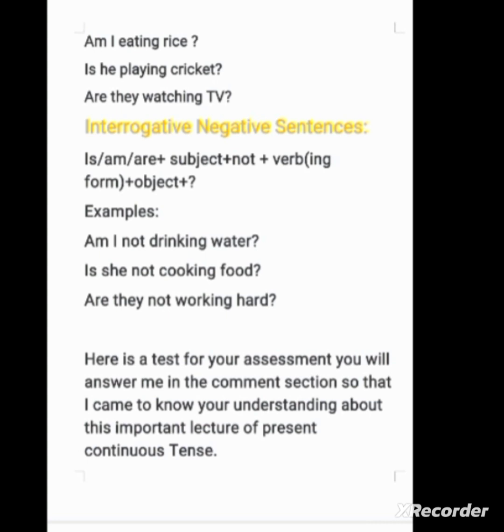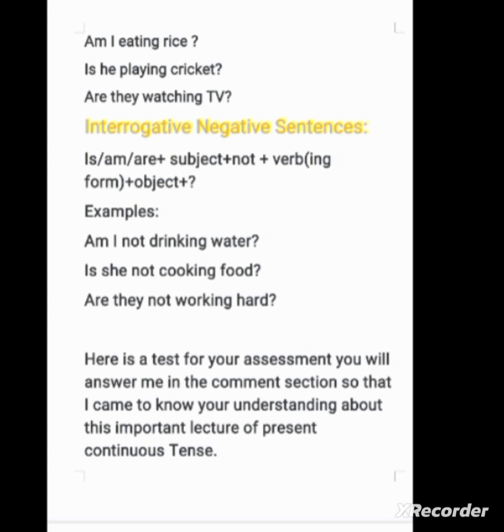Now what will be the structure of interrogative negative sentences, where there is a question mark as well as not? The structure is the same, we only have to add not. Is, am, are plus subject plus not plus verb plus ing form plus object plus question mark.